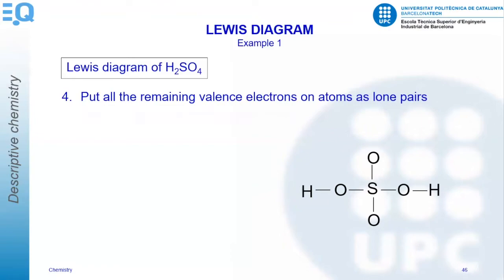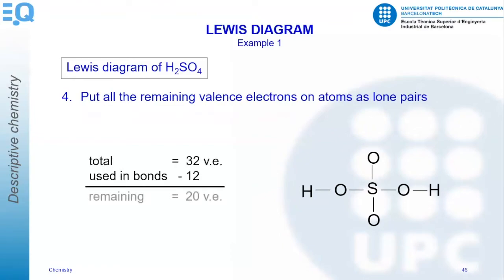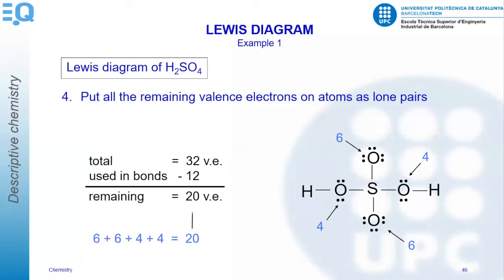For example, we've mentioned before that oxygen has 6 valence electrons. Now, in this case, an oxygen linked only to the sulfur, without a hydrogen, has 6 lone electrons, or 3 pairs. But the one that is linked to the hydrogen and the sulfur has only 4 electrons. That means 2 pairs of electrons.